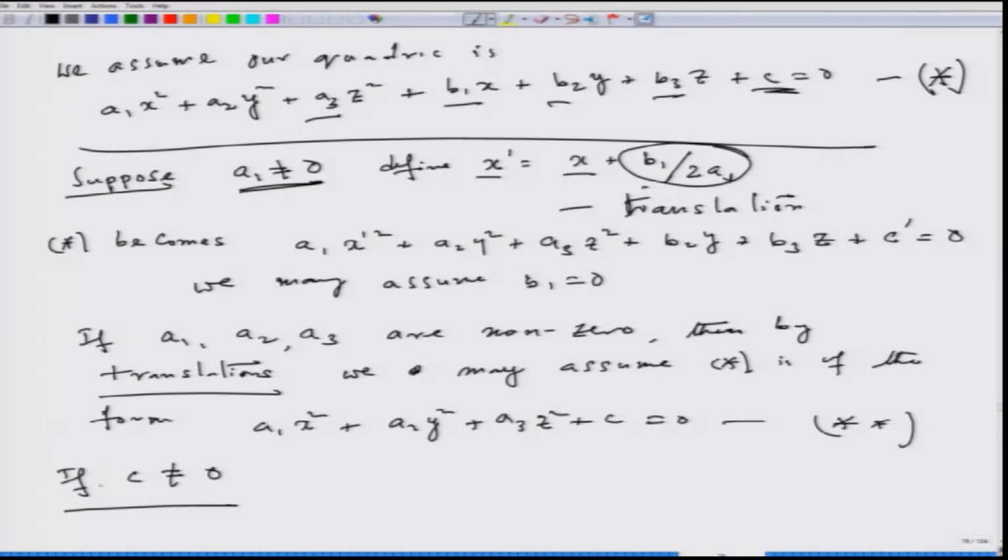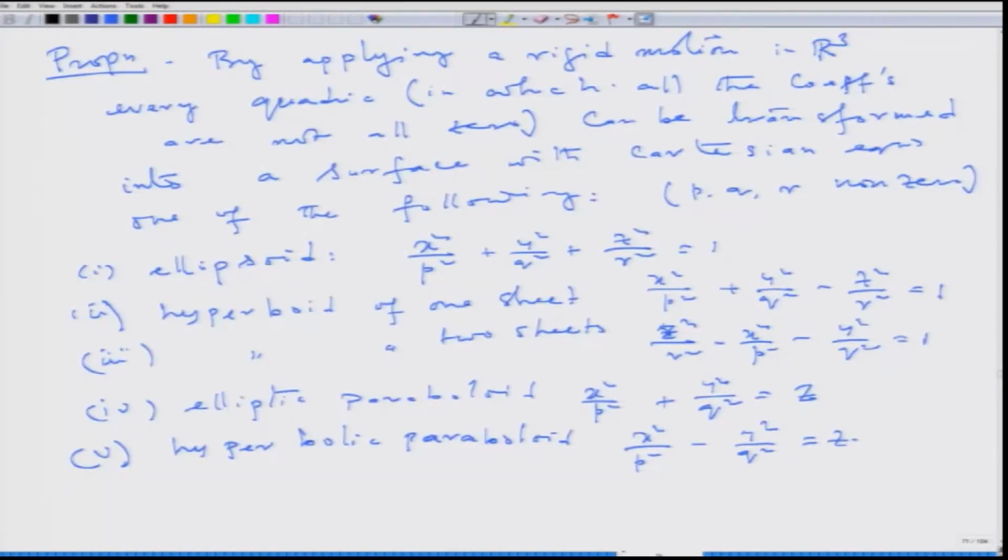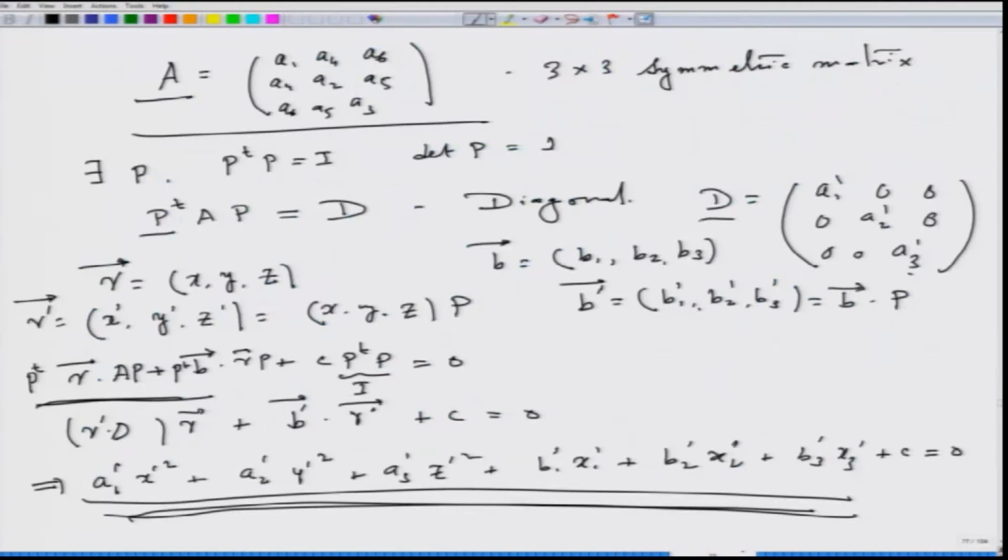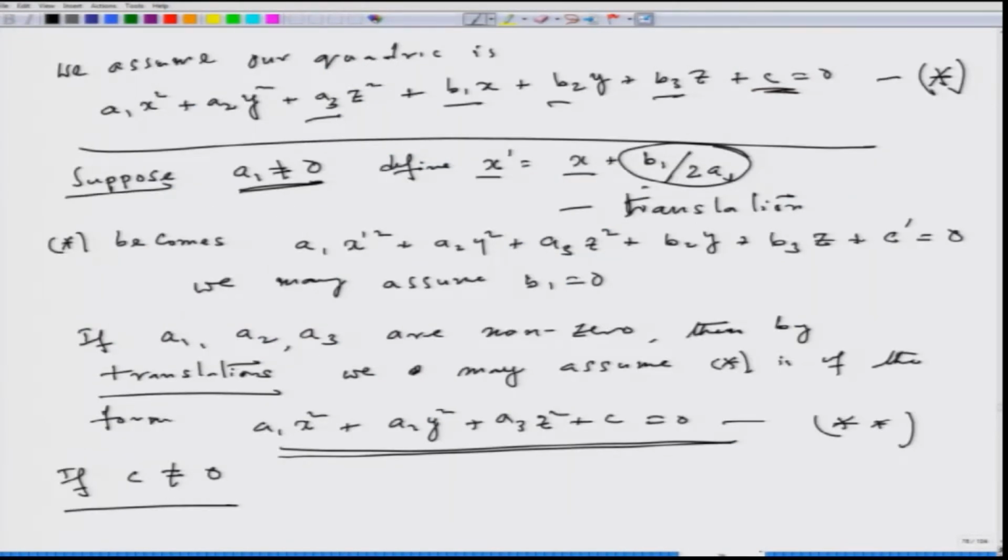Let us go back. After rotation and translation, my surface becomes this, C not equal to 0. Then you see, depending on the sign, I can normalize. So, depending on the sign of A1, A2, A3, I will get case 1, case 2, case 3. I will divide by minus C, I will get 1 on the right hand side.